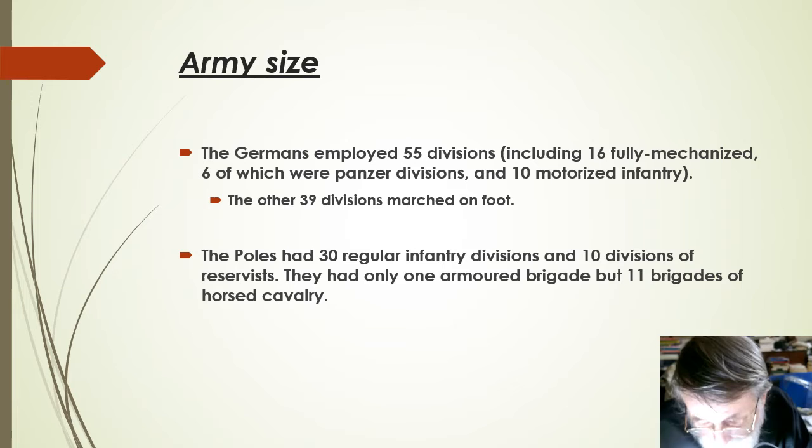Their mobile forces comprised 11 brigades of horsed cavalry and one armoured brigade. The British had pressured Poland at the end of August to delay mobilization so as not to give the Germans an excuse to attack, so the reserve divisions were not ready in time.